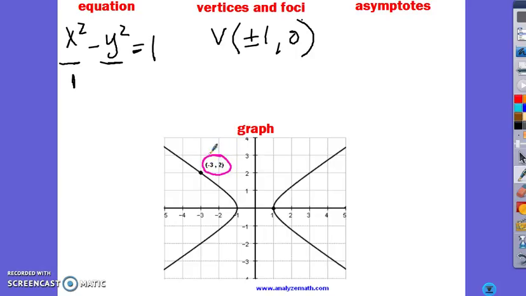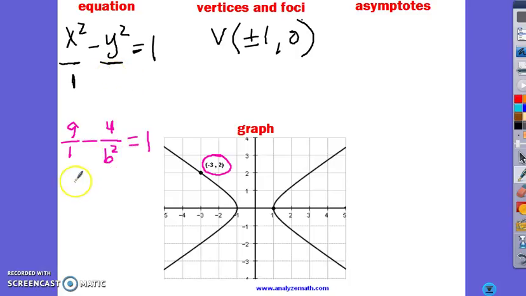They gave me an x and a y that work in this equation. So just temporarily I'm going to plug in my x and my y into the equation. So -3 squared would be 9. 2 squared would be 4. I'm just going to call this b squared. And that's the only thing that I need to figure out, what goes on the bottom right there.